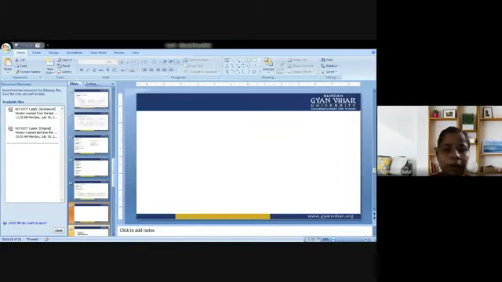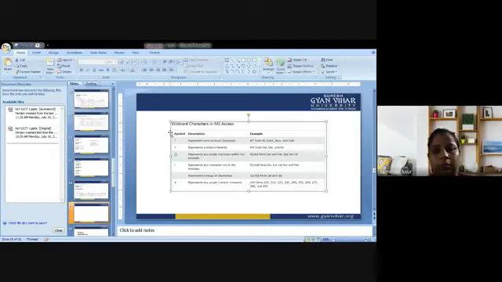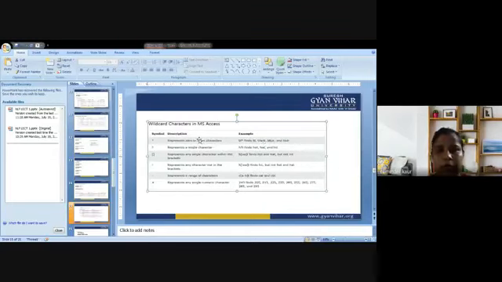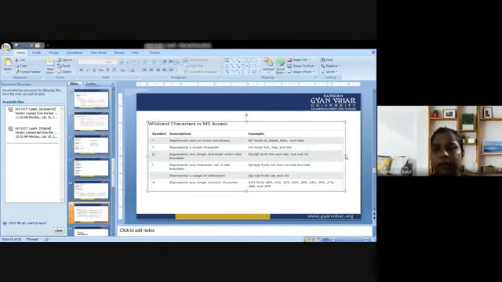Now have a look at the wildcard characters and their interpretation. Wildcard characters in MS Access. Symbol, description, and example are being given here.